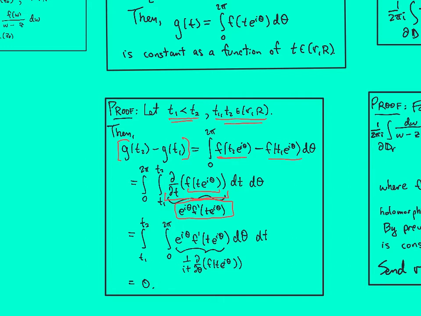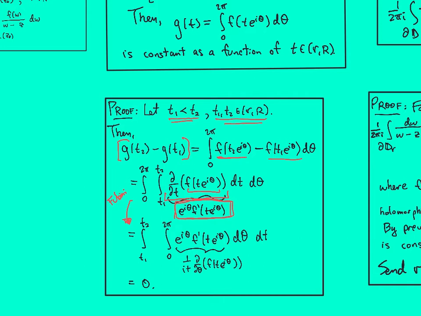So here in this next step, I applied Fubini's theorem to interchange the order of the integrals, which I can do because I'm assuming f is holomorphic, so the complex derivative is continuous, so there's no issue of interchanging the order of integrals.